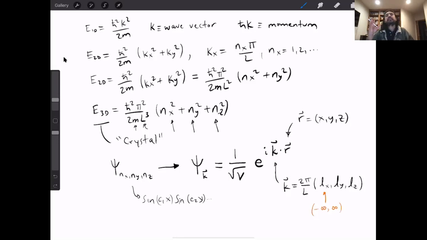All right, so let's recap what we were saying. If we want to figure out what the ground state is for n electrons, you start by putting 2 electrons into the single particle state with the lowest energy.